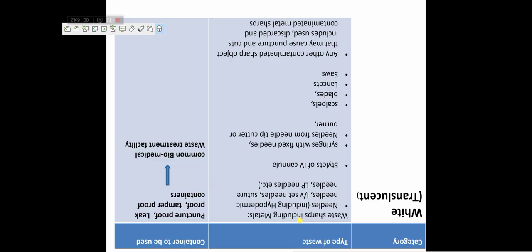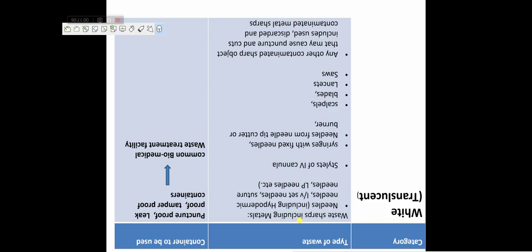Scalpels, blades, lancets, saws, scissors, and all these things will come in the white, right? And any other contaminated sharp object that may cause puncture and cuts, including used, discarded and contaminated metal sharps, will come in the white category.